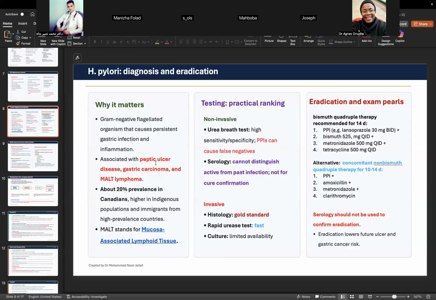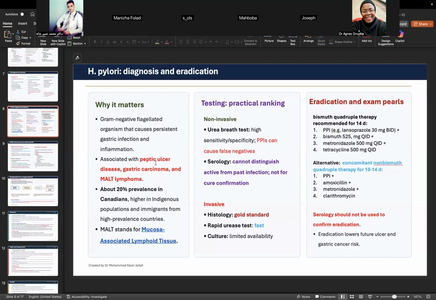So what are the things we are doing as an investigation for H. pylori which are non-invasive? Remember, in the MCQ, they might ask what is the gold standard invasive investigation or approach for this patient.